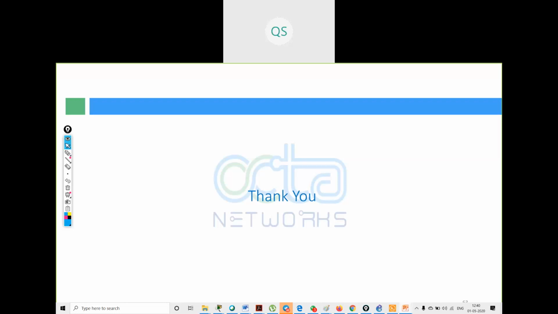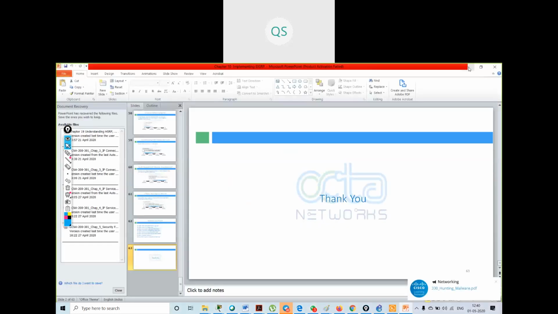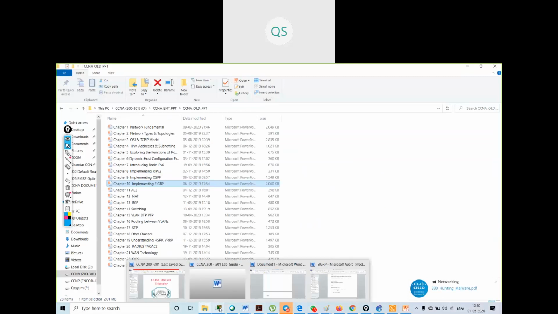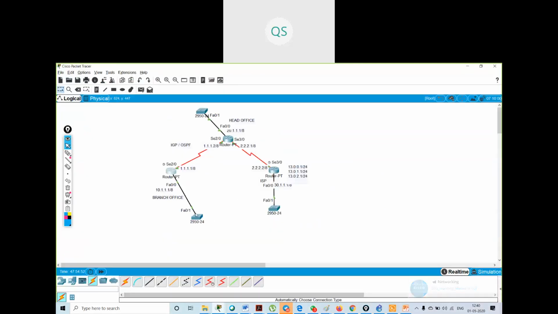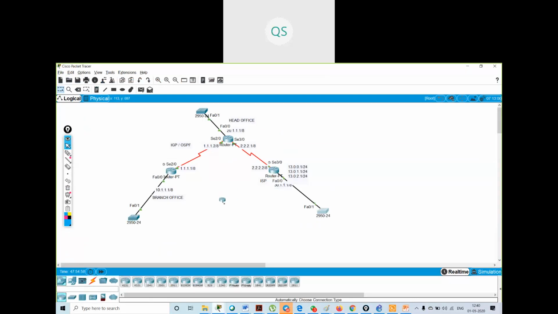Now we will do the optimization part for EIGRP. How to optimize EIGRP? We have already configured some things over here. I will take one more router and make the connection for this router also, on 3/0.